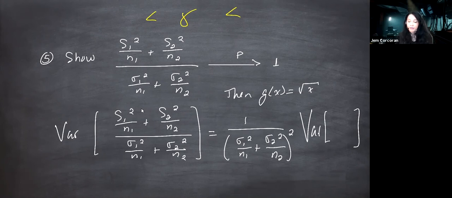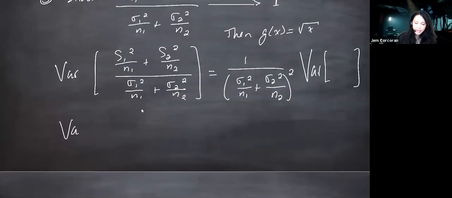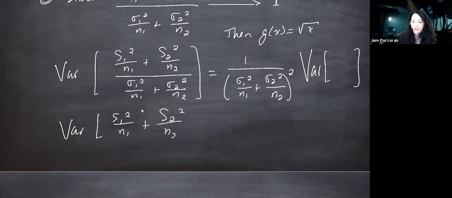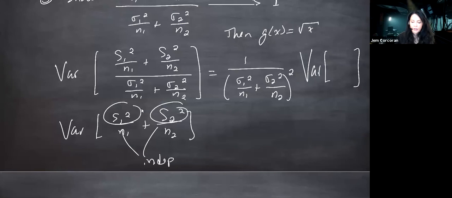They're given in problem 5 to be independent random samples. So when you're computing the variance of S1 squared over N1 plus S2 squared over N2, these two are independent, and so by independence you can break this up into a variance plus a variance.